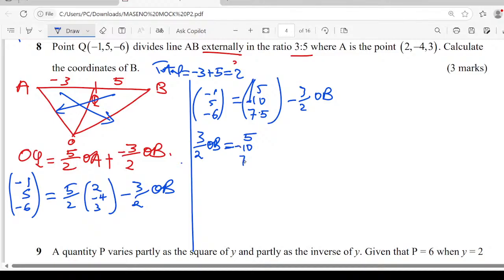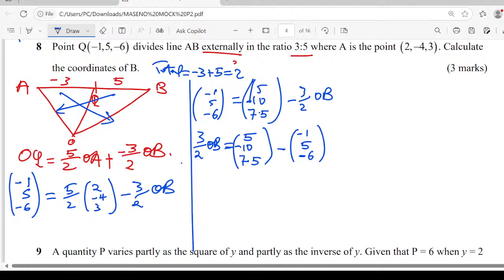Then 7.5 minus, when this one crosses over here, it will now become negative 1, 5, negative 6, like that.